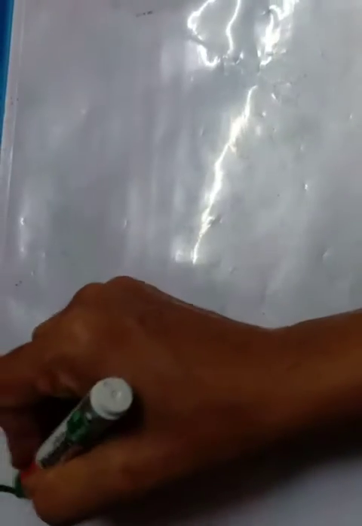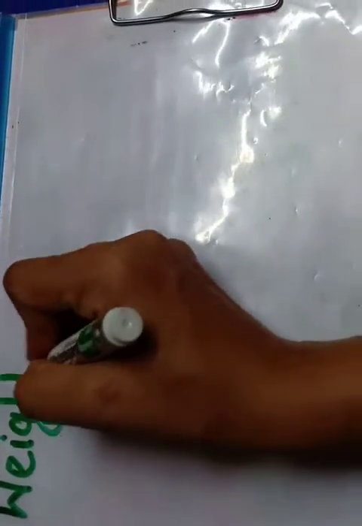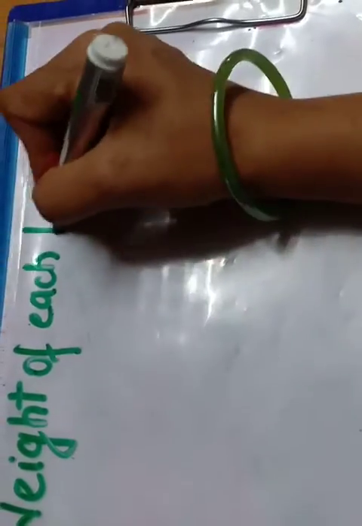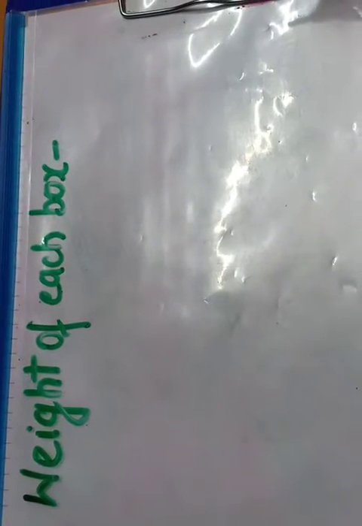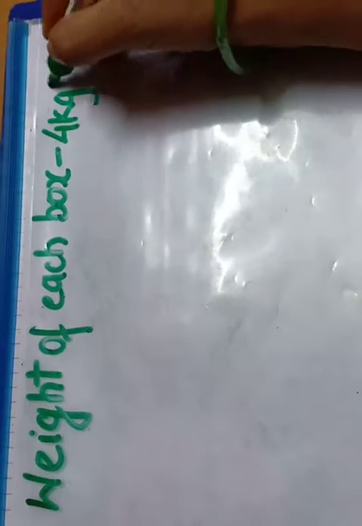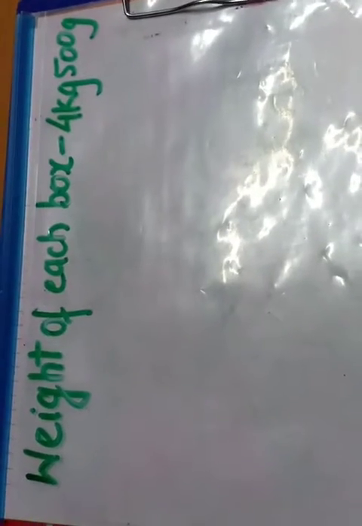Okay, so now I'll just explain what is given over here. They are saying there are boxes in which medicine is being packed, and weight of each box they have given. I'll just write that, what is given, weight of each box. Weight of each box is given as 4 kg and 500 grams. Okay. So this is the weight of each box.